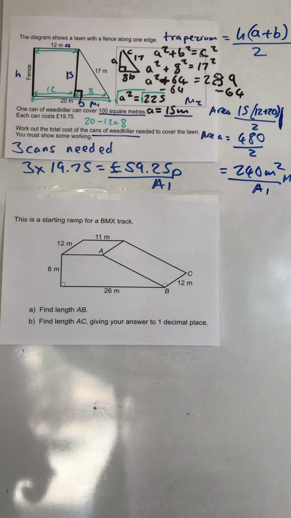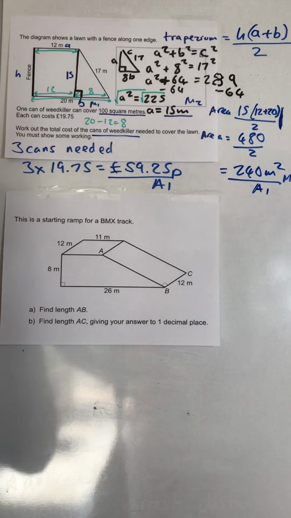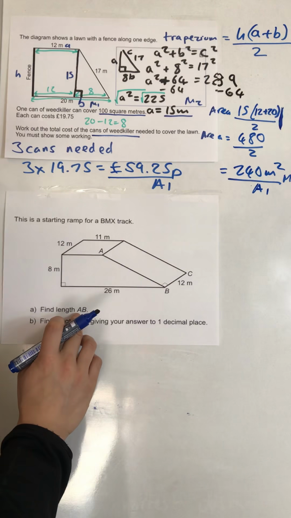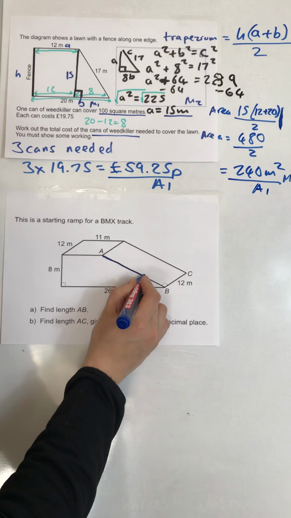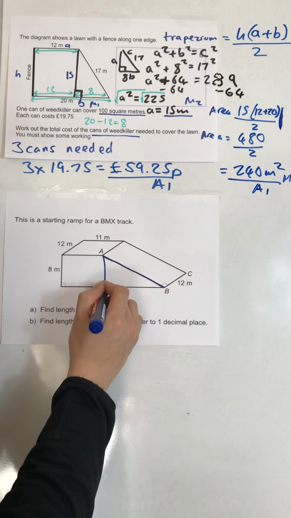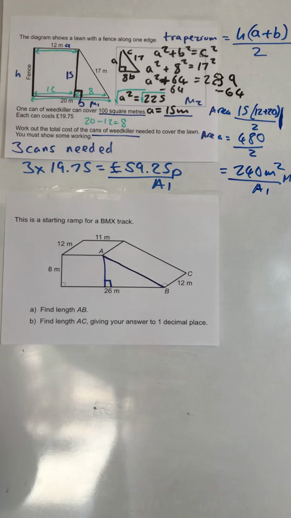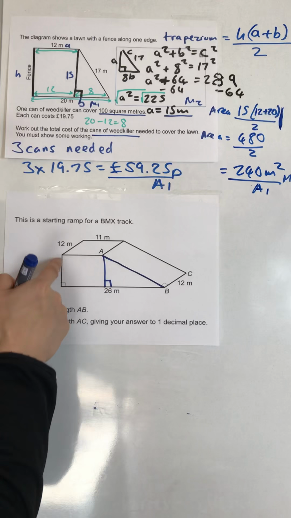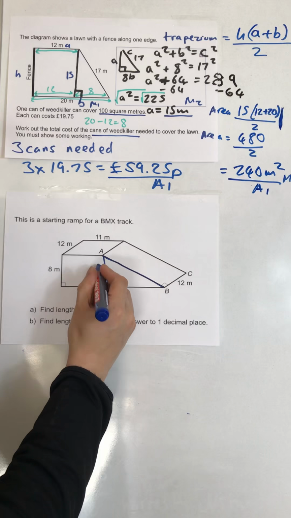Now this question, find the length of AB, requires a similar skill. So find the length of AB is this length. Wonderful. Now we know if we draw a line here, we can use Pythagoras here. So because this is 8, this side here must be 8.